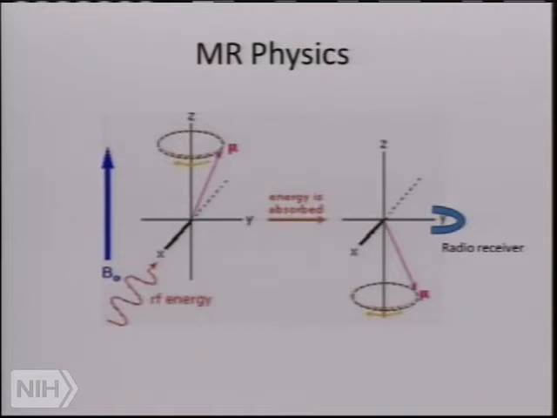That's important because if you apply energy right at that same frequency, you can get these little protons to do little tricks like get deflected from their alignment with the magnetic field. They get deflected. And as you turn off the radio frequency, they start to relax back to their native state, the state that they're comfortable within, that is aligned with the magnetic field. And when they do that, they release a small amount of energy in the form of radio frequency that you can detect with a radio receiver and generate an MRI image.